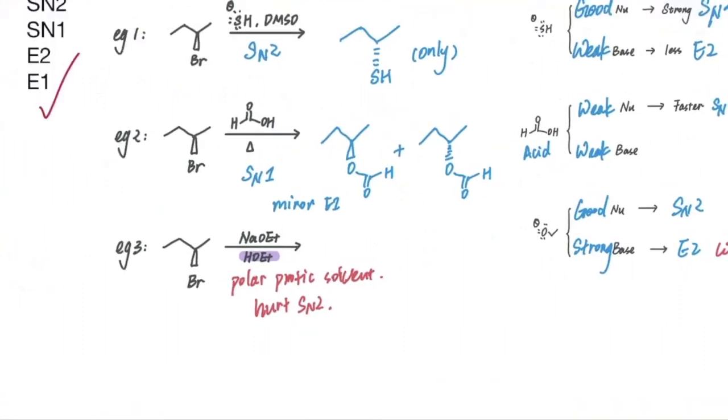And the E2 product is going to look like this. So the base grabs the anti-position hydrogen and kicks the leaving group out. Okay, so this is major.